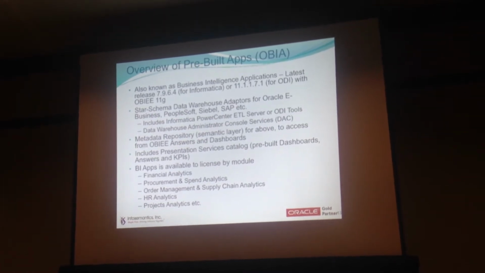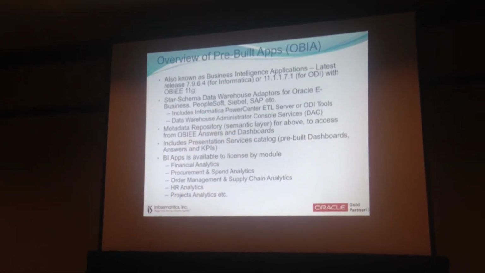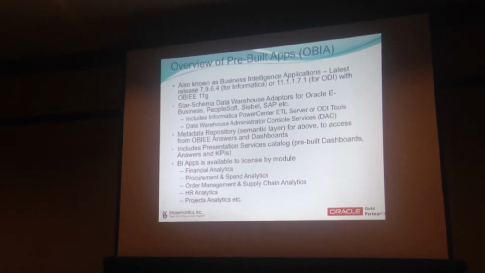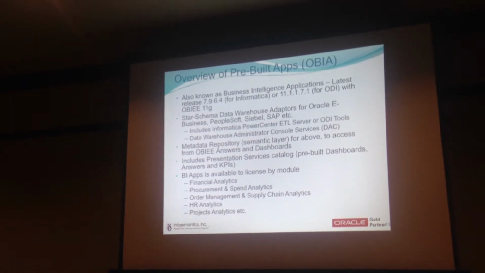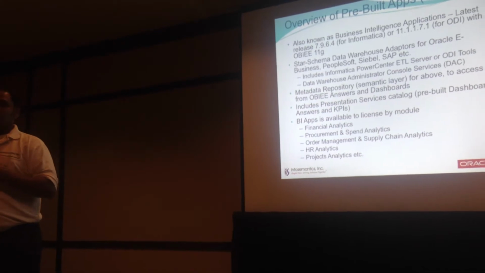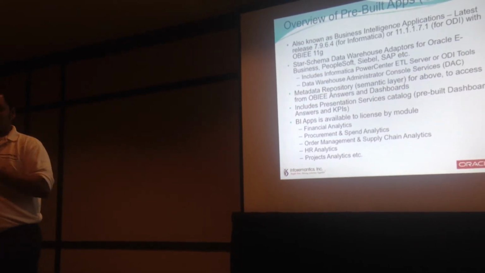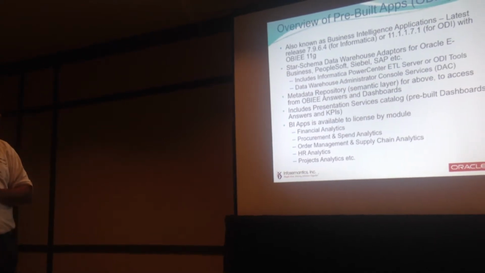When you implement the OBIEE apps, you get a repository along with the whole implementation process. If you dig deeper into the repository, it is star schema based, with things like locations or the calendar pointing to a fact table in a fact and dimension process.